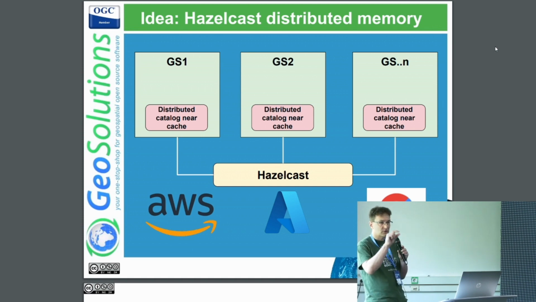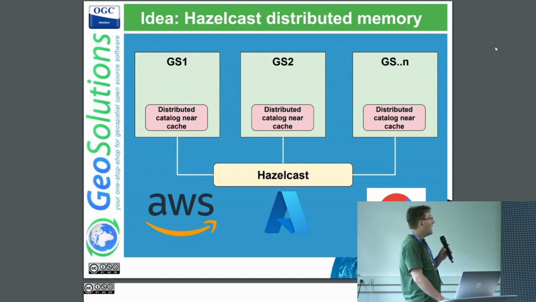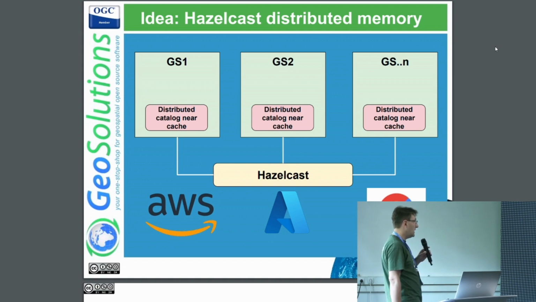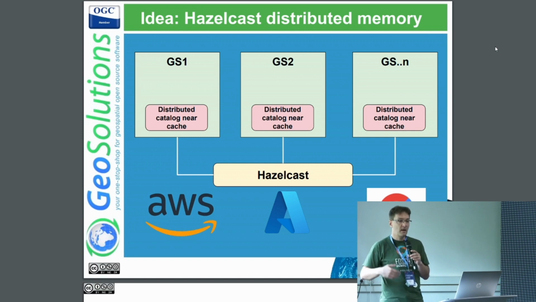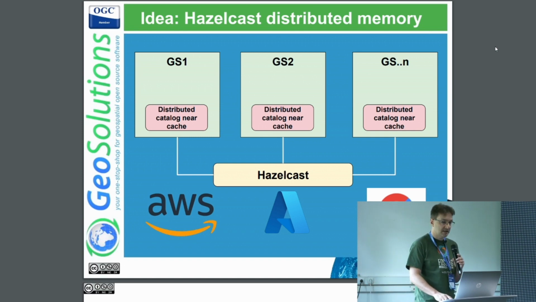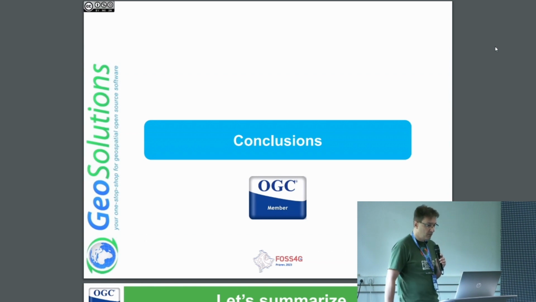If I change the content of a map in one node, the other nodes see that immediately. And in the meantime, it can also distribute the queries. It also has native integration with AWS, Azure, and Google Cloud. So the idea is that we are going to go this way in order to have a minimal maintenance, high performance clustering plugin that we can keep up over time.